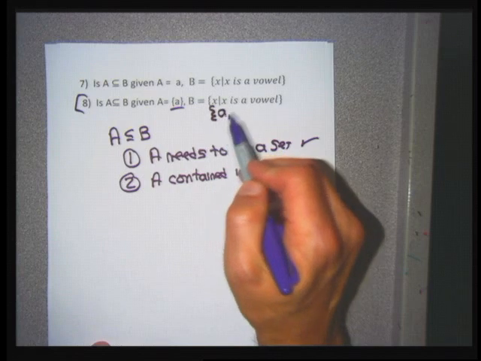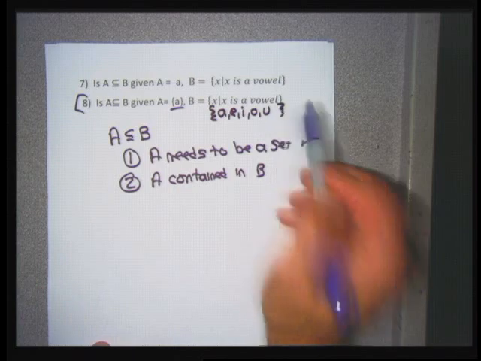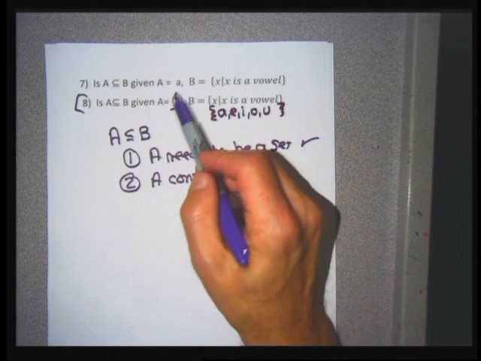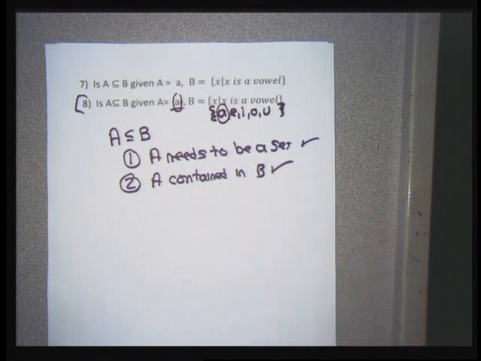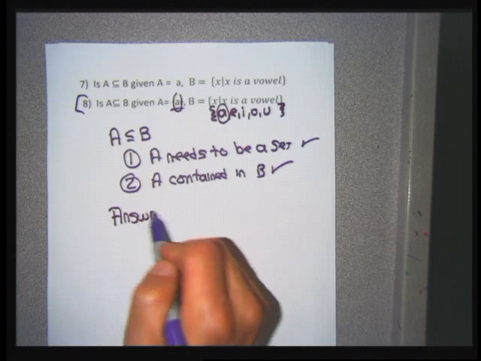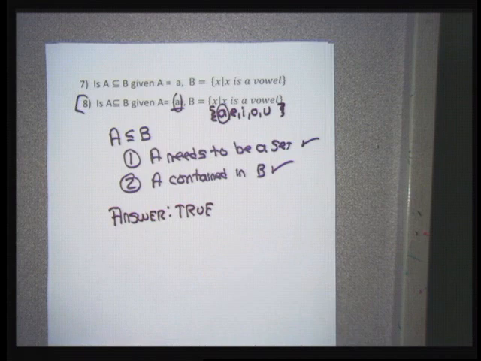In roster form, I know it's A, E, I, O, and U, and I don't know what to do with the sometimes Y. I'm not an English guy, but it doesn't matter whether you think B deserves Y or not. A is definitely a vowel, so it's in set B. So the only element in A is contained in B. Whether B has Y or not is not going to keep this from being a subset. So both rules are being satisfied, so I'm going to answer true. Your answer for 7 is not going to be true because A isn't a set.